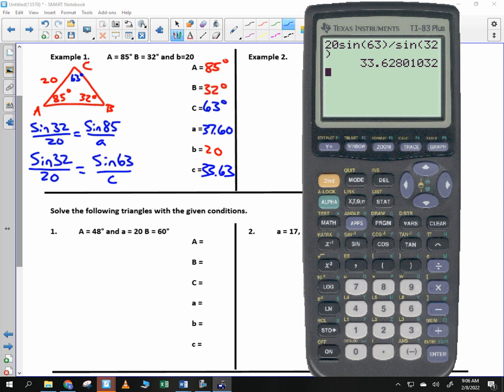Makes pretty quick work of the problem. I'm going to assess the reasonableness of my solution. I have the largest angle A, and that matches to the largest side A. I have the smallest angle B, and that matches to the smallest side B as well. So it looks like my answer is reasonable.